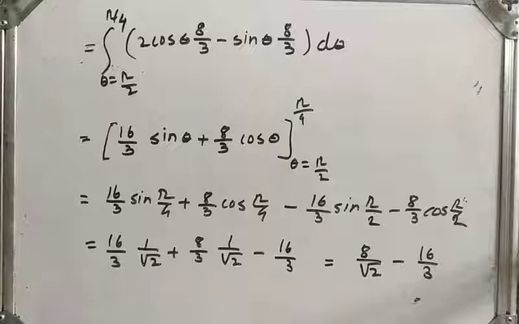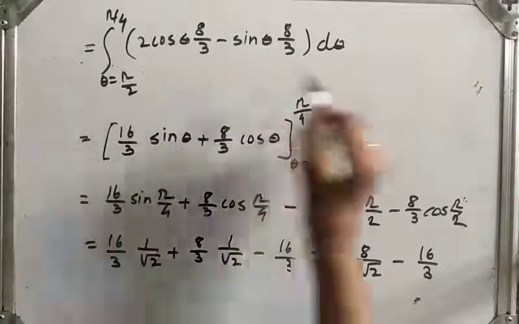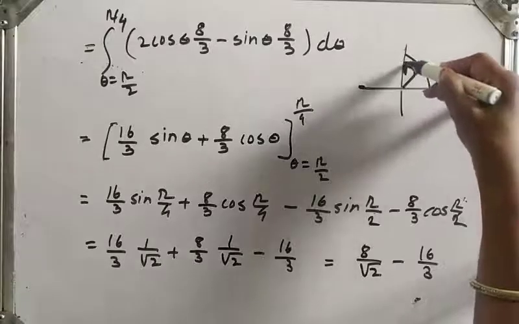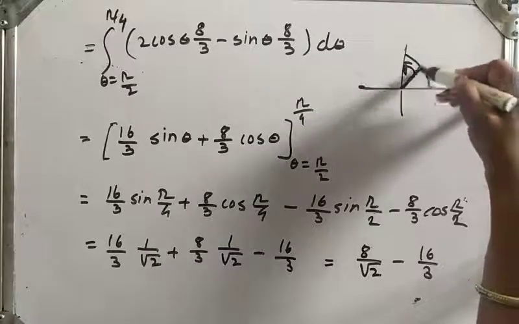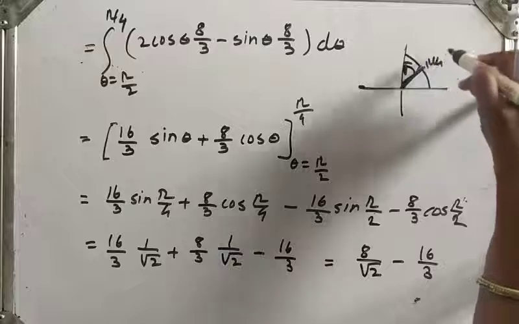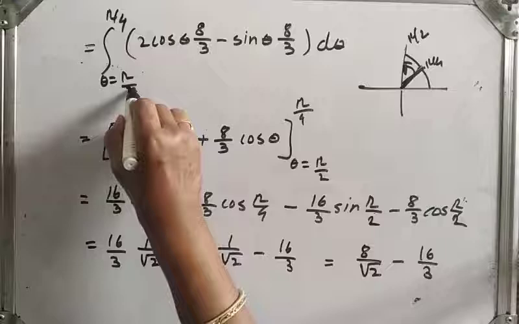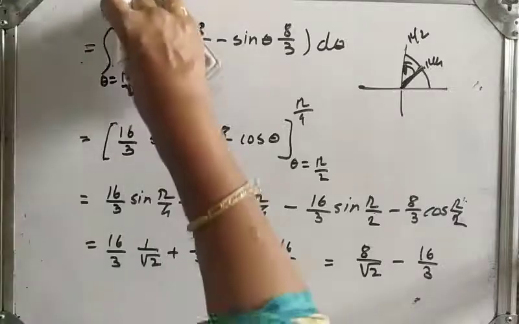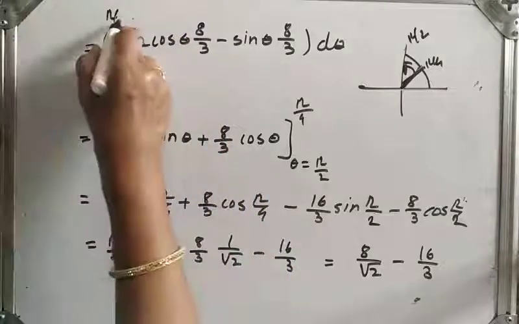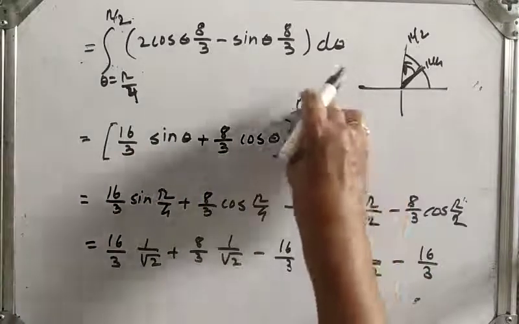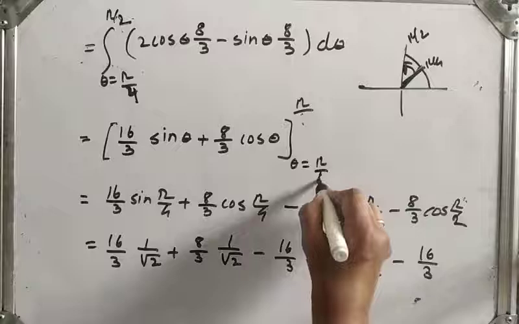Here is one correction. What is theta? Here in the first quadrant, theta is from this to this part. Here theta is pi by 4, and here theta is pi by 2. So the lower limit of theta is pi by 4 and the upper limit of theta will be pi by 2. So that change will be there: pi by 4 to pi by 2.